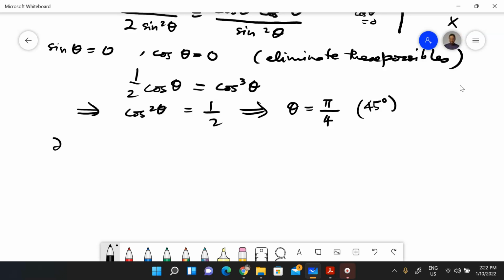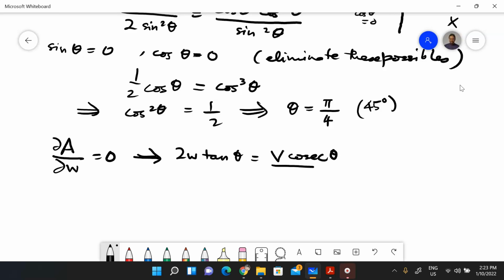So we need to look at that. dA/dW equals 0 previously, that would imply 2W tangent theta equals V cosecant squared theta, cosecant theta divided by W squared.